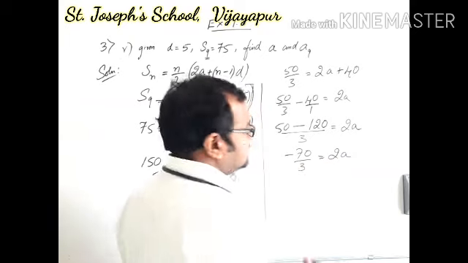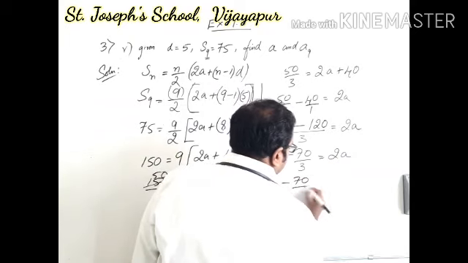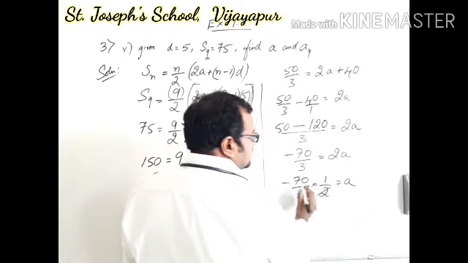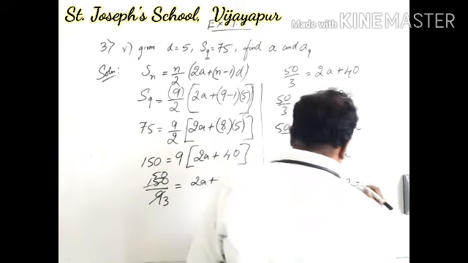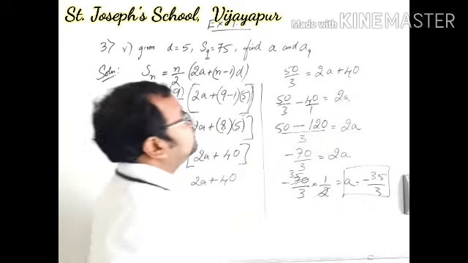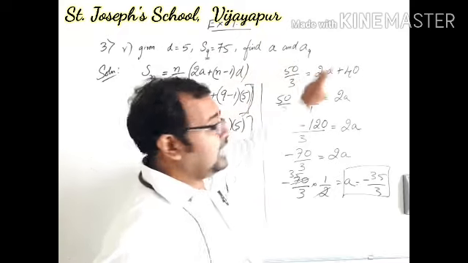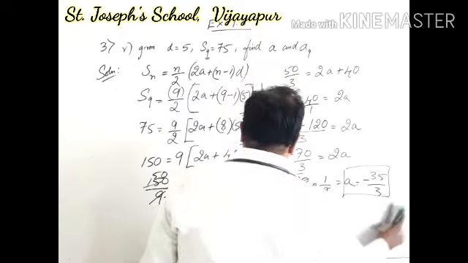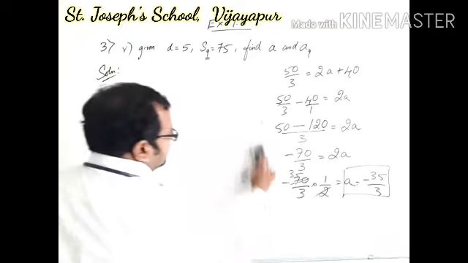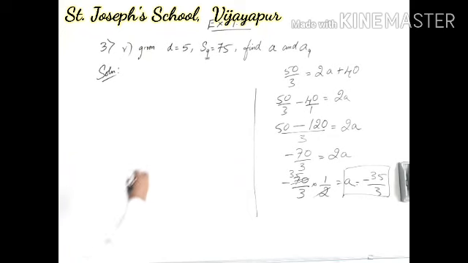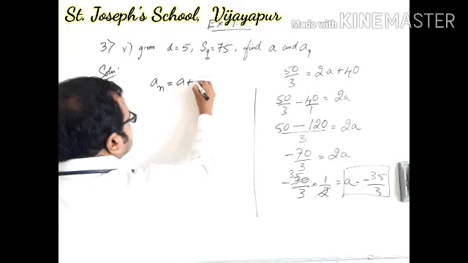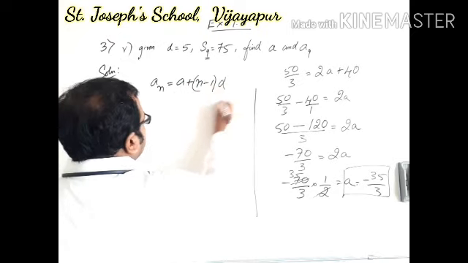2 comes to the other side, becomes divided by 2: minus 70 by 3 into 1 upon 2 is equal to a. 2 1s are 2, 35 2s are 70, which is equal to minus 35 by 3. We got the a value. We need to find a9, the nth term. So we use the an formula now. An is equal to a plus n minus 1 into d.